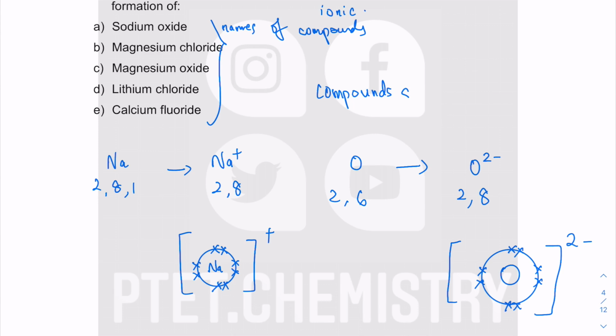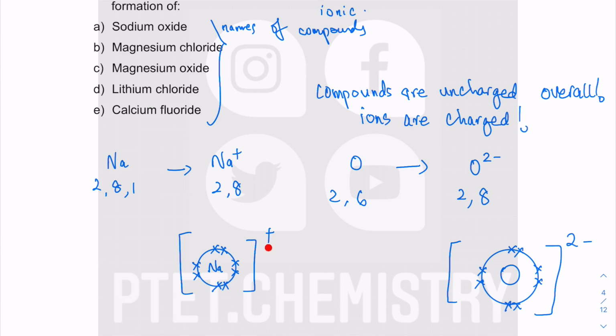Compounds are uncharged, just like atoms. Uncharged overall. I'm not saying that it doesn't have charged species. Of course, an ionic compound would have charged species called cations and anions. That's how you get ionic compounds. But overall, it must be uncharged. Whereas ions are charged. The individual species that make up the ionic compound are charged.